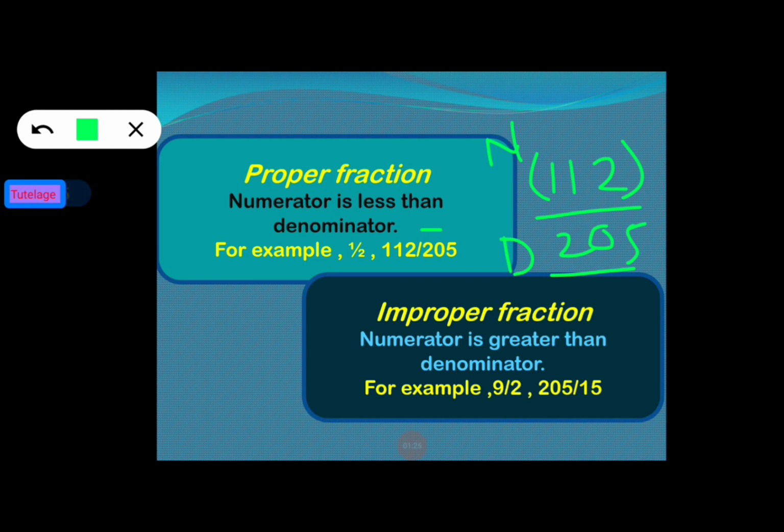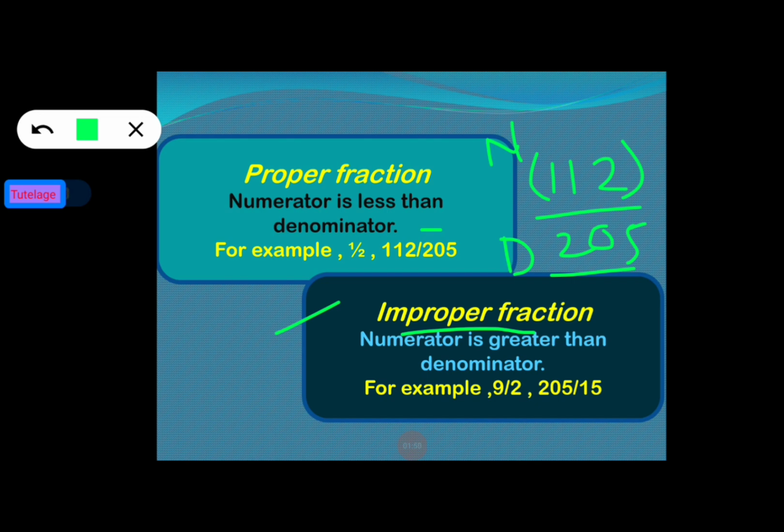Now going to the next type, that is improper fraction. It is just the reverse of the proper fraction, because the numerator is greater than the denominator. An improper fraction is a kind of fraction where the value of the numerator is greater than the denominator value.